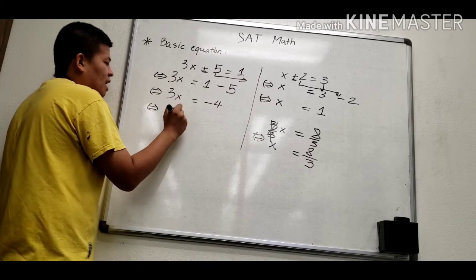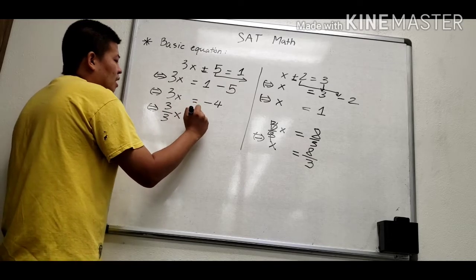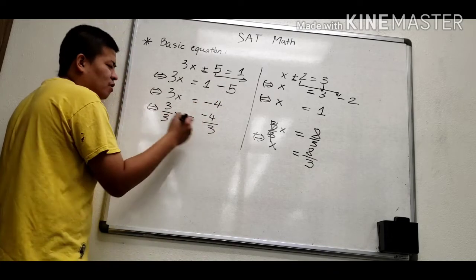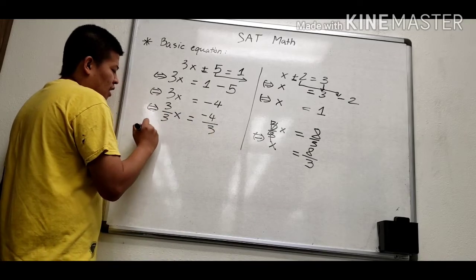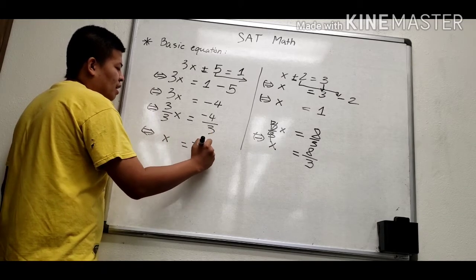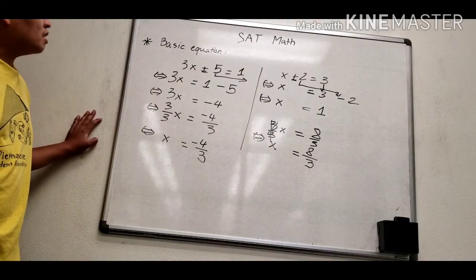And we have s here. We have 3 divided by 3, and 4 is divided by 3 too, because we need to divide by the same denominator. And we got s equal to -4 divided by 3. So this is the basic equation.